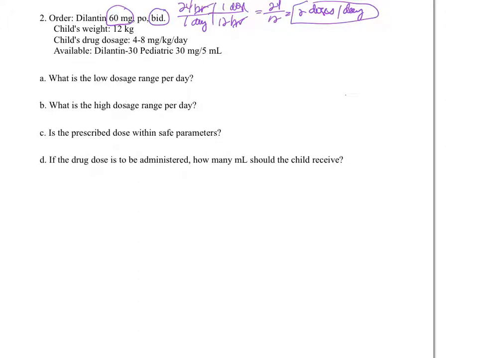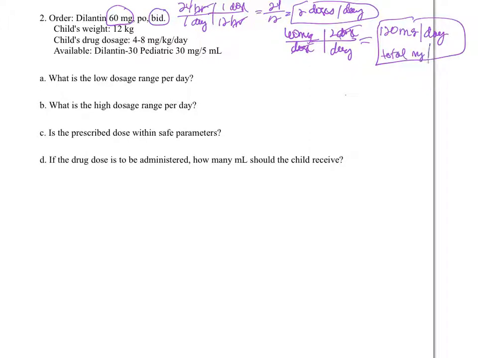We have 60 milligrams per dose and 2 doses per day. So we'll get rid of our doses. 60 times 2 equals 120 milligrams per day. So that's our total milligrams per day, right? This might come in handy later, so we'll pay attention to that.